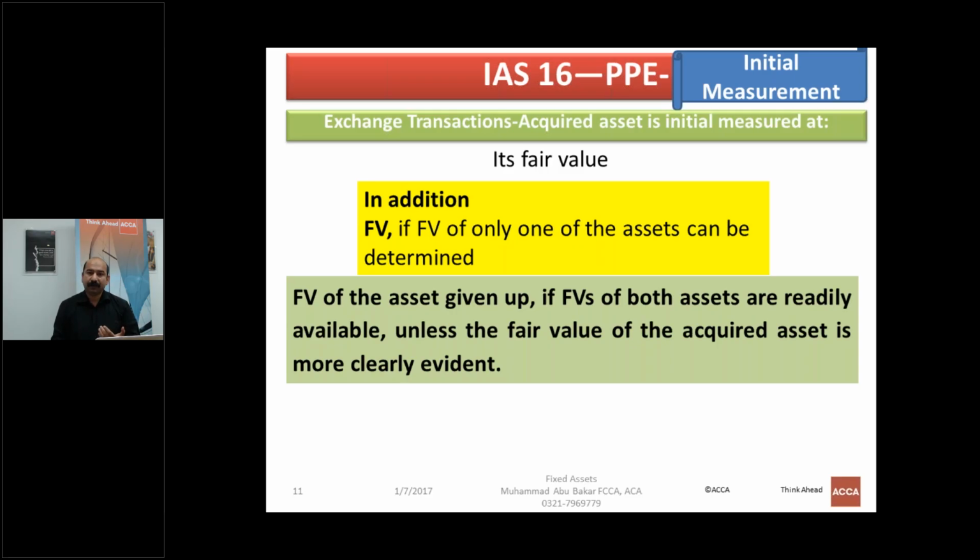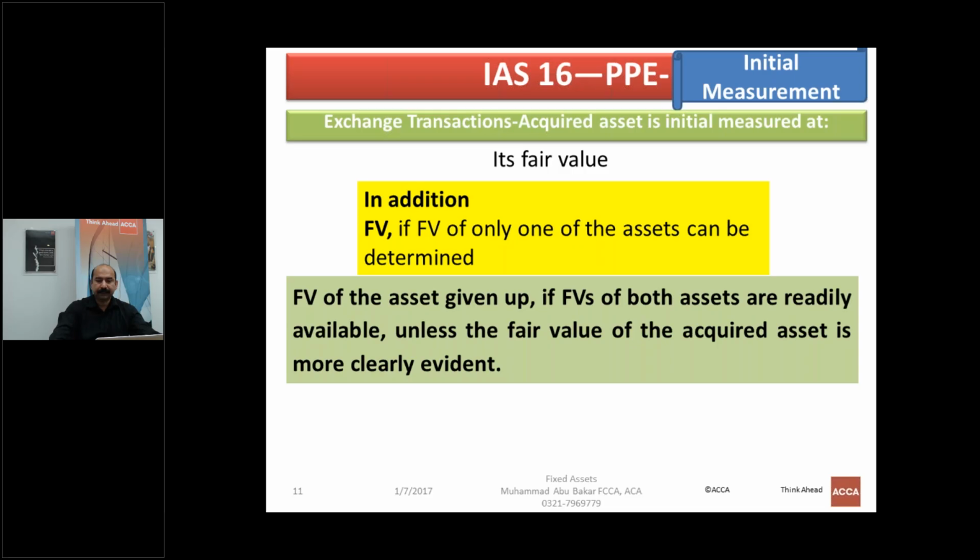Of the asset acquired or the asset given up. If any of these two fair values is available, that fair value can be used. If fair values of both assets given up and acquired are given, then use the fair value of the asset given up, unless the fair value of the acquired asset is more clearly evident.